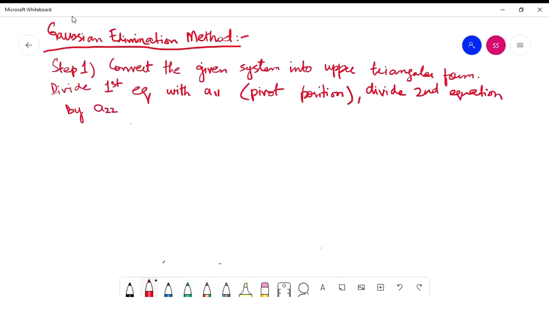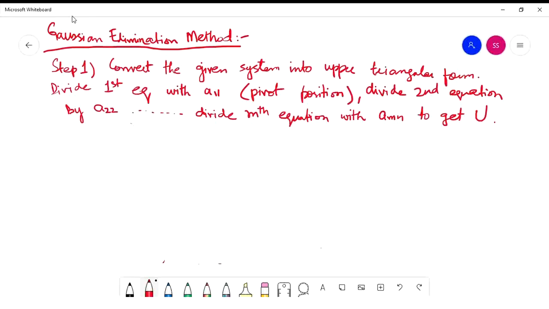That is the next pivot position, and so on. Your last equation, if you have m equations, will be to divide the mth equation by its pivot element AMN to get the matrix into upper triangular form U.